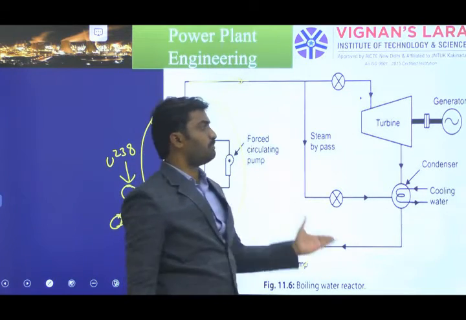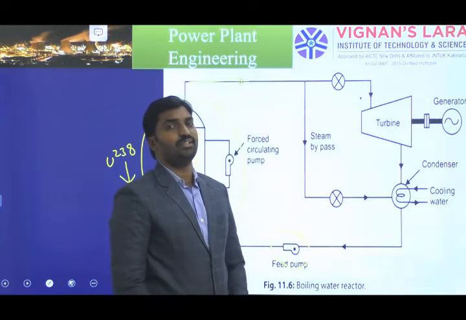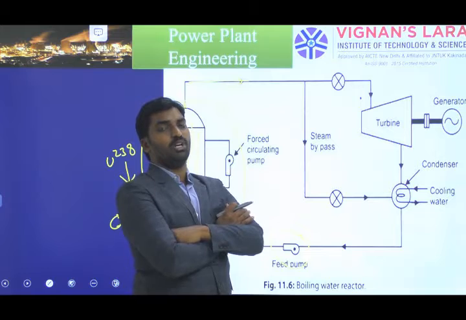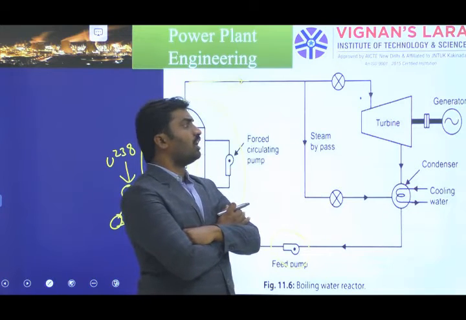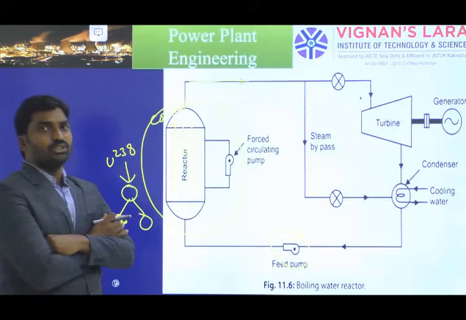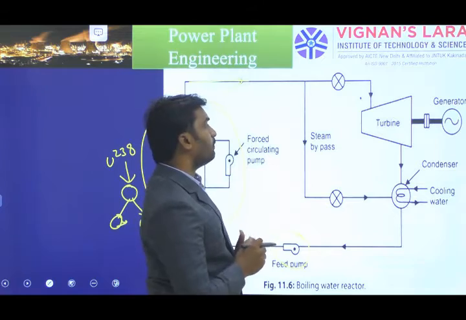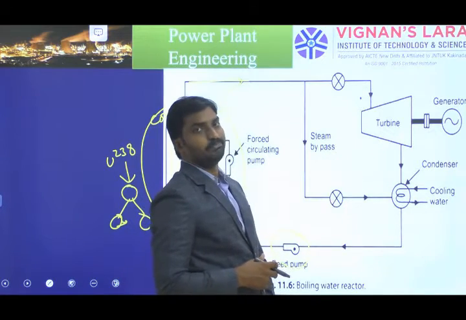Low quality steam is bypassed for condensation into the water format. Only the superheated steam passes through the turbine. It gives a high amount of energy, and that energy we are utilizing for generation of electrical power by using a generator.